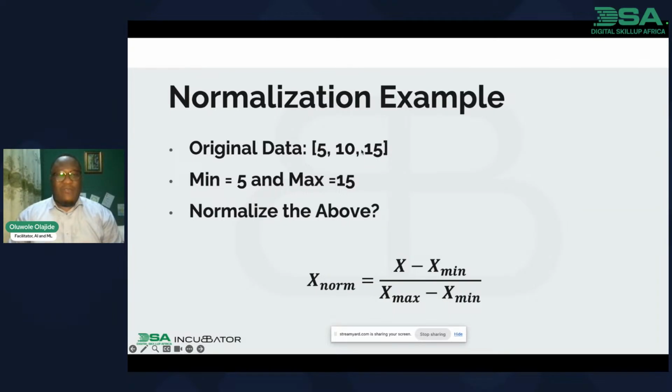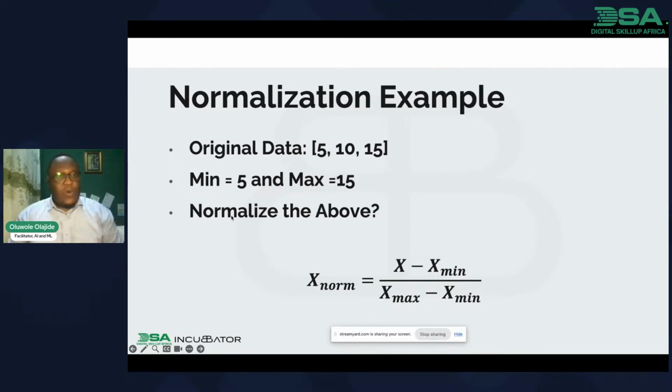For every time I want to calculate for any x, these are x values, so don't get confused. X minimum means the minimum value in the range of those values, which is 5. X maximum is the maximum value in the range of these values, which is 15.